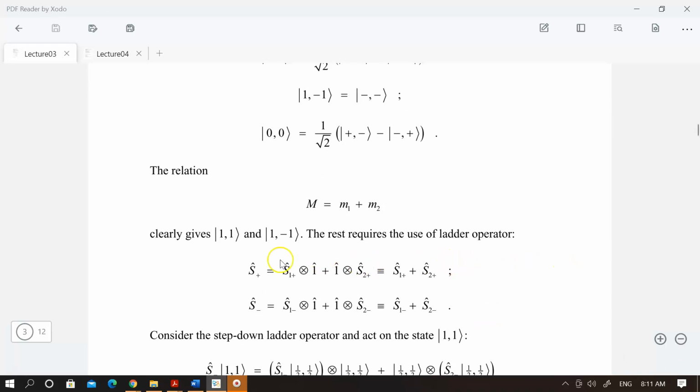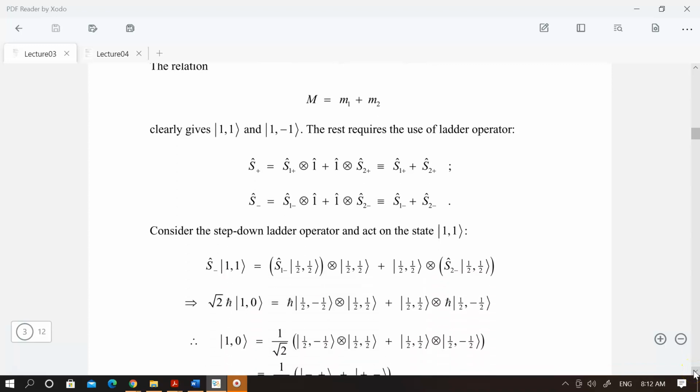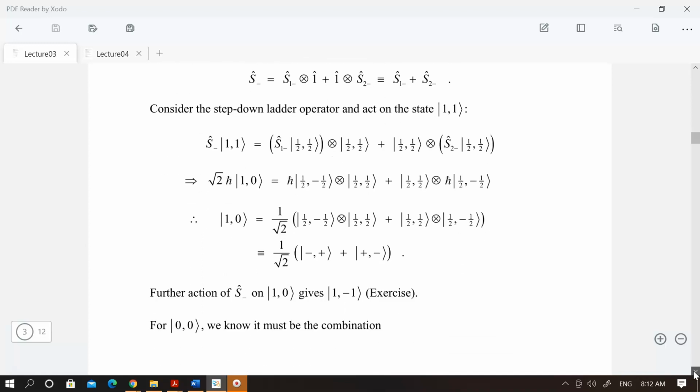So there will be a ladder up operator and a ladder down operator, given by S plus and S minus, which are related to S1 plus and S2 plus, and S1 minus and S2 minus. So you act individually onto all these Hilbert spaces, and then you get the relationship between the two. So you have done that.